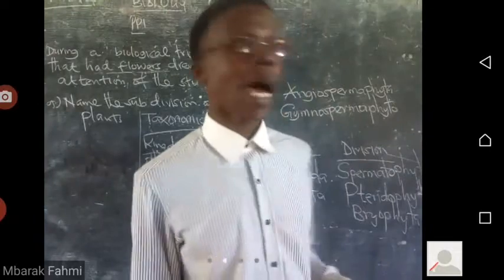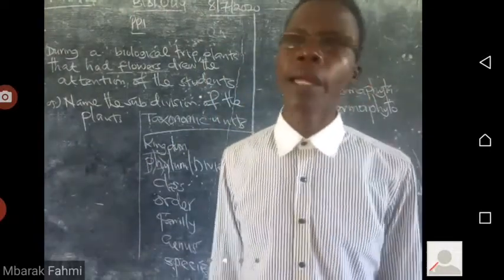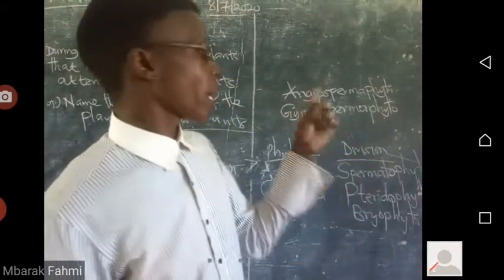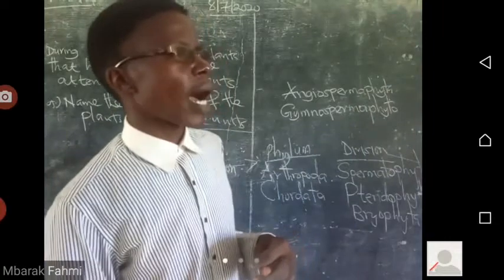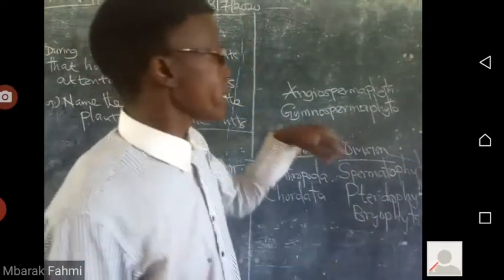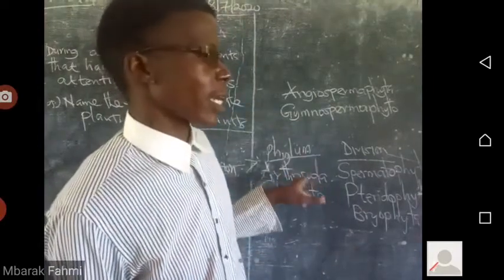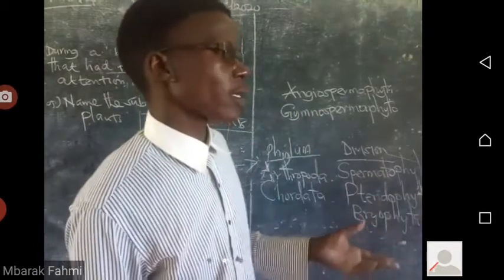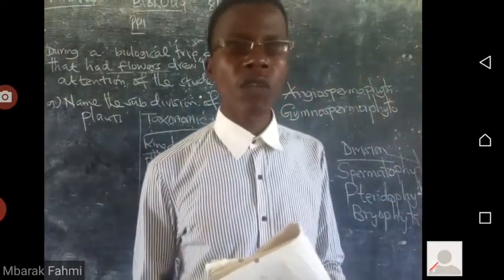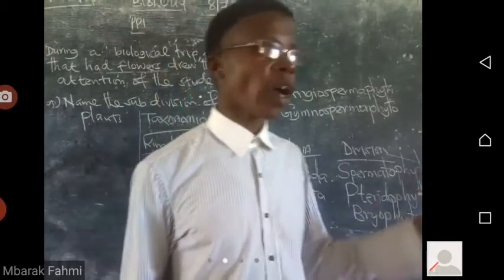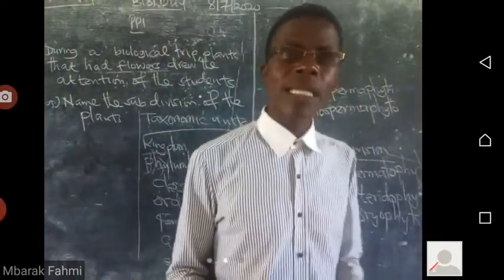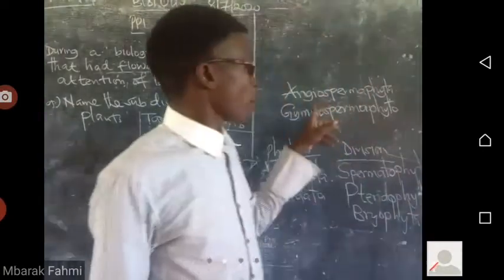We have two classes under it: the monocotyledons and the dicotyledons. Some characteristics of the Angiospermophyta: they bear flowers, and their seeds are enclosed within a fruit wall. They also have xylem comprising tracheids and vessels, and phloem with companion cells. But the two major characteristics are that they bear flowers and their seeds are enclosed in a fruit wall.